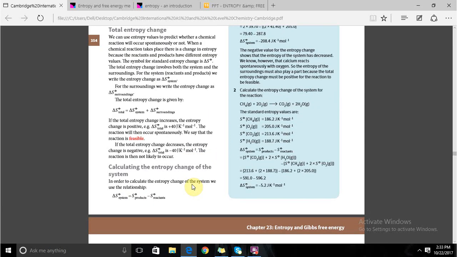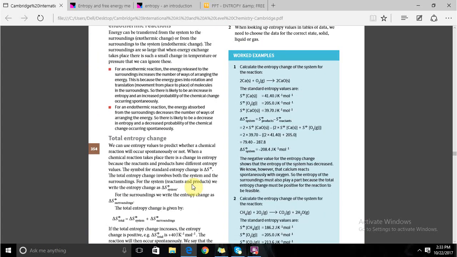And about calculating the entropy change of the system, not the surroundings, just the system, we use a relationship which is basically delta S naught system is equal to S naught of the products minus S naught of the reactants, and this closely resembles the way in which we calculate the delta H of a reaction by using H naught values for products and H naught values for reactants.